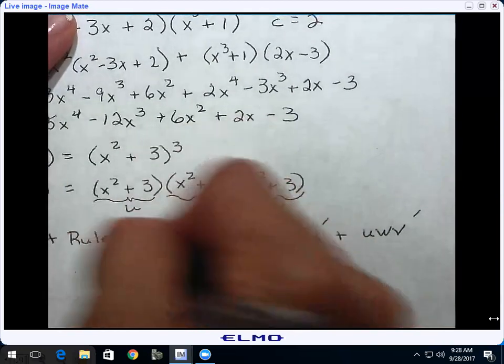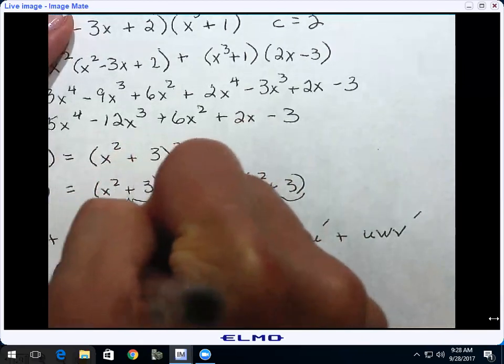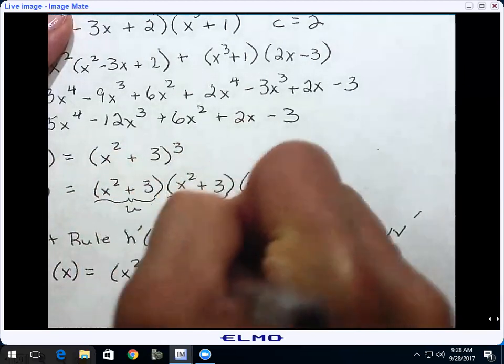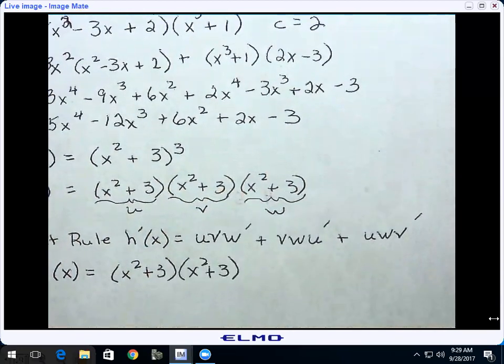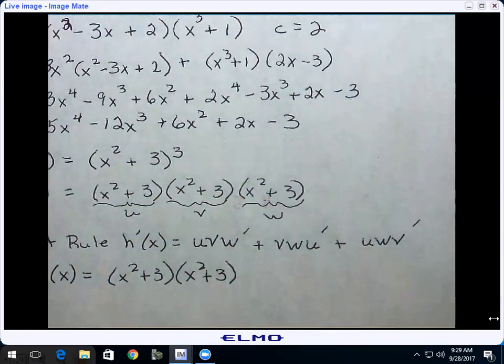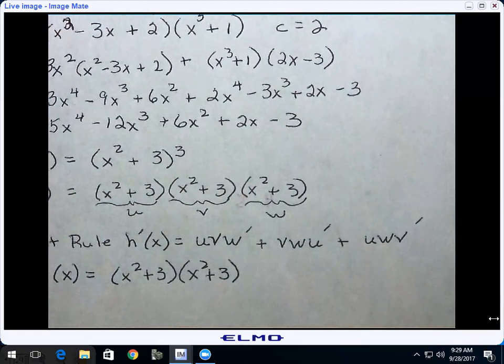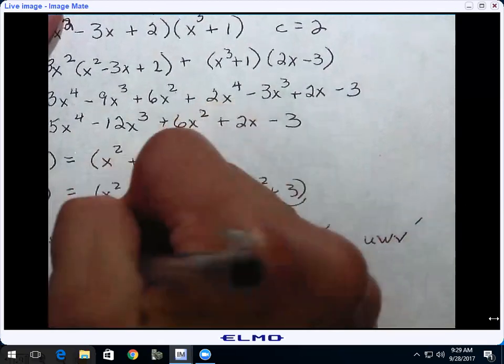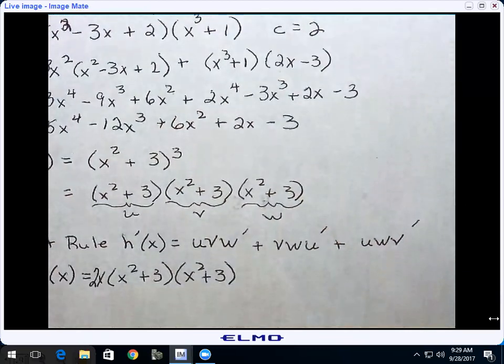Ugly, bugly is, here's ugly, here's bugly. What's the derivative of wuggly? What is it? 2x. I love it.